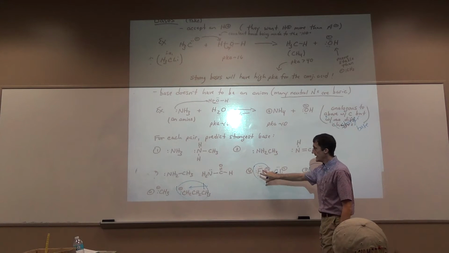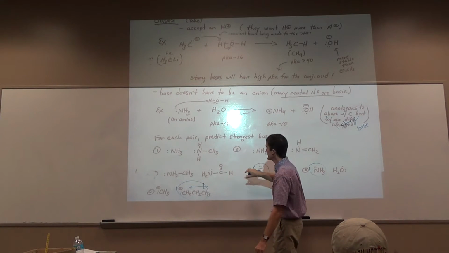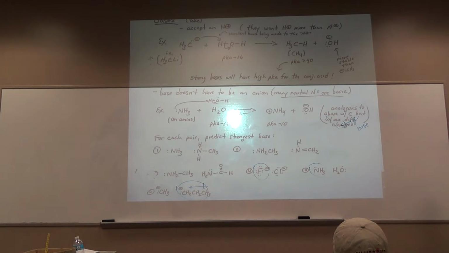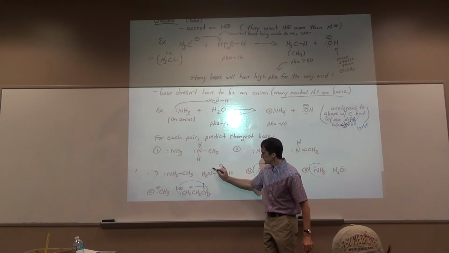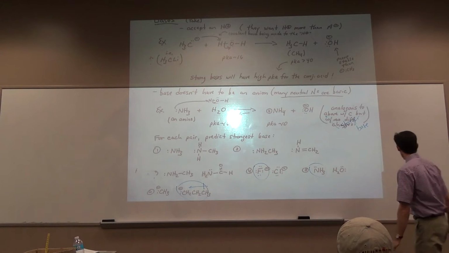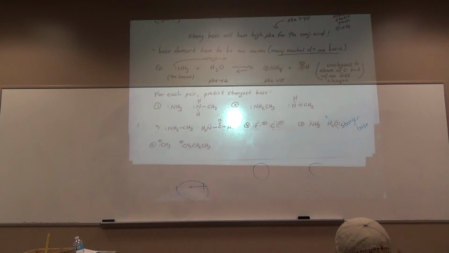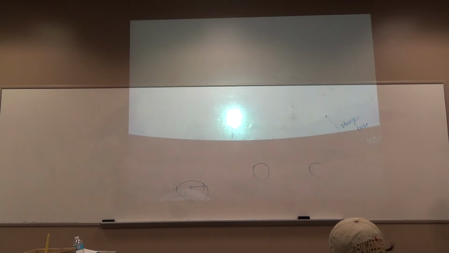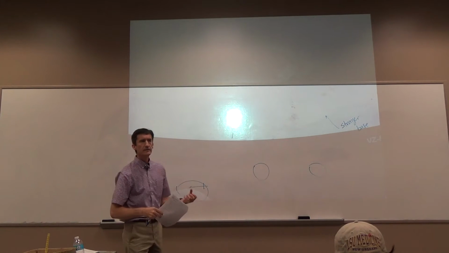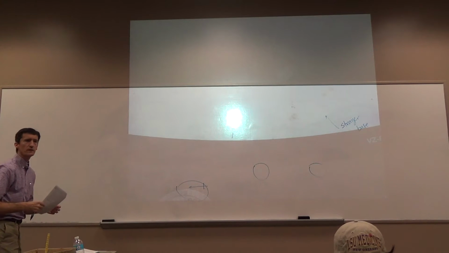Electronegativity, size, hybridization, inductive donation, resonance. Really, this is resonance, because this lone pair is in resonance, that lone pair is not. So we can assess stability of anything using these one through four.